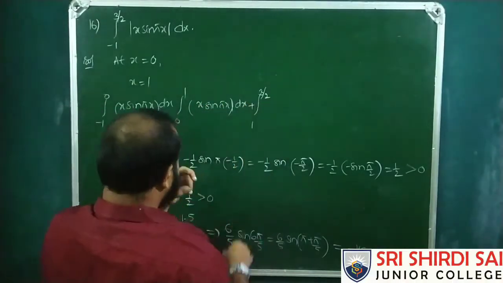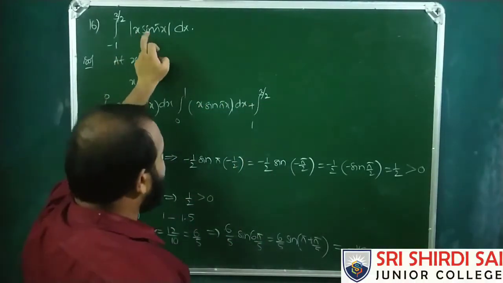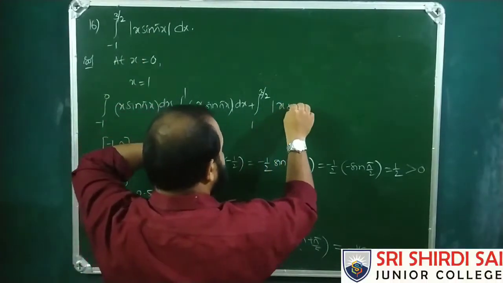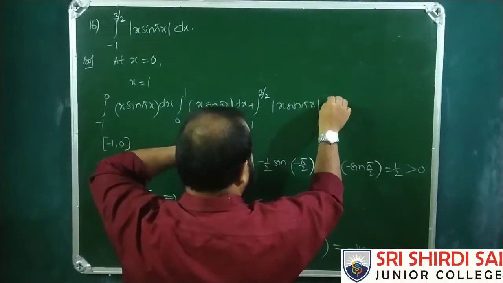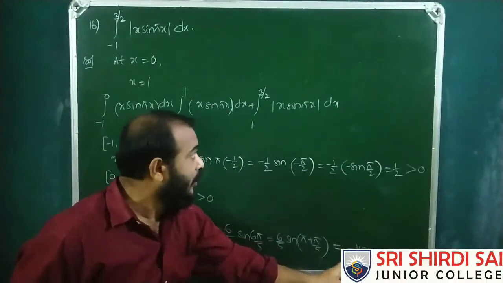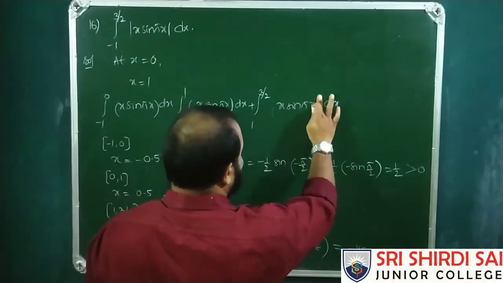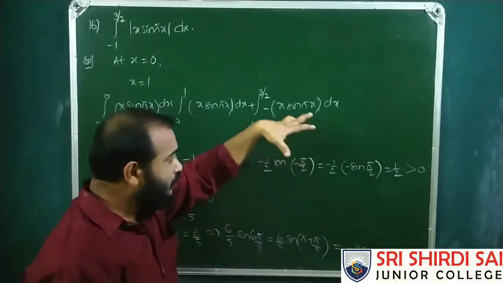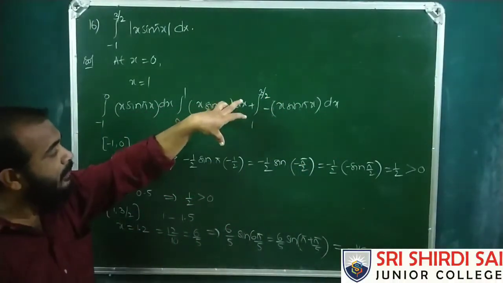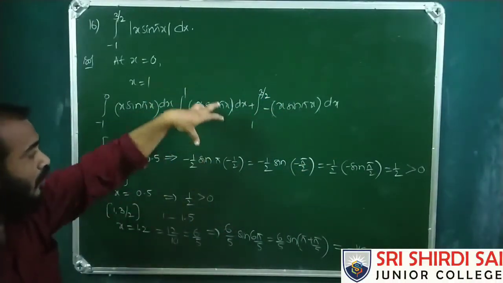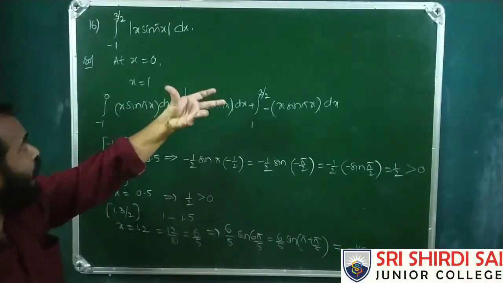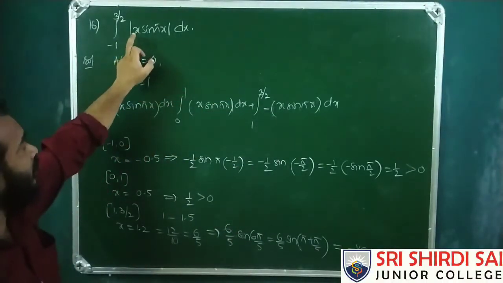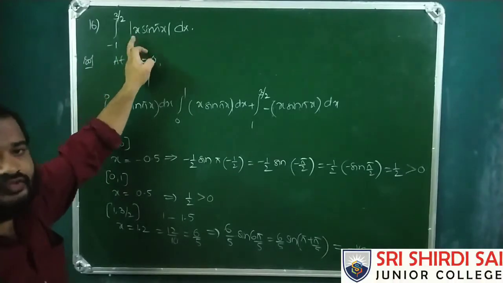And plus, from 1 to 3 by 2, mod x sine pi x, at this value it is negative. Therefore, this value is minus x sine pi x dx. So this is the fundamental concept that we have to be familiar with before we actually solve this problem.